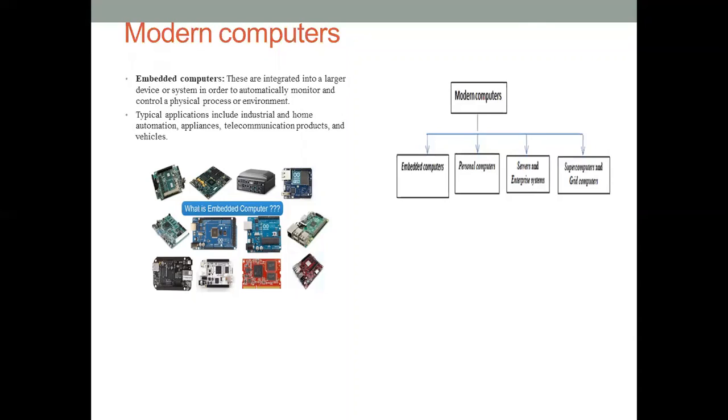For example, if I want to design an automated locking system, or a biometric locking system, your biometric attendance system, for specific applications we use certain computers. Those are called embedded computers. Examples are your Arduino Uno board and your Raspberry Pi.